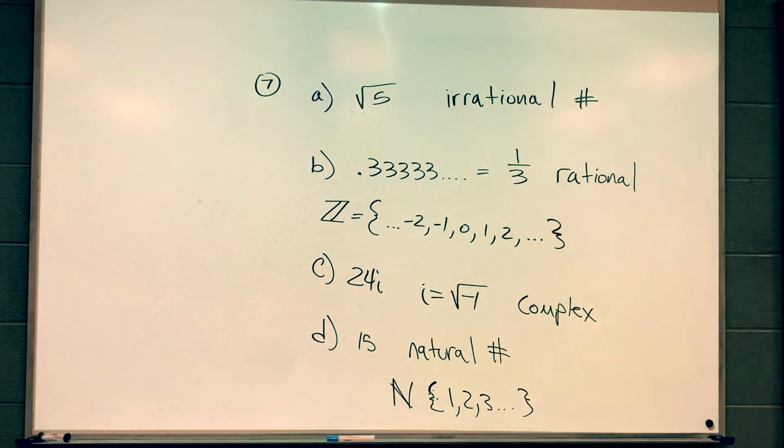A natural number, bold struck N, is all the counting numbers starting at 1, 2, 3, 4, all the way to infinity. The counting numbers starting at 1 to infinity. I guess that's the most specific.